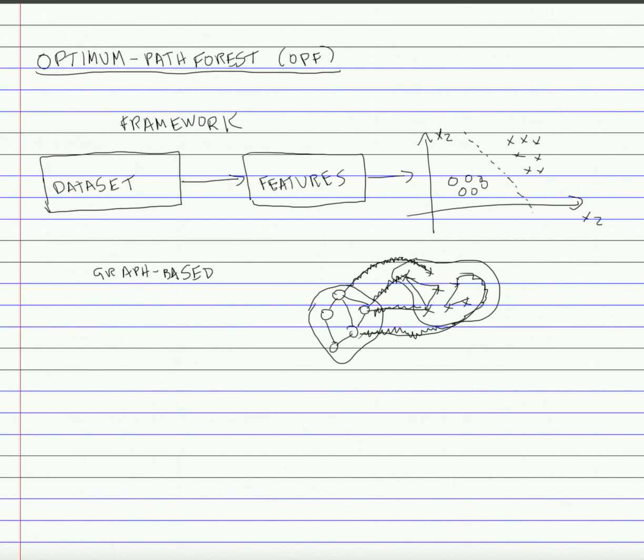So we are going to disconnect the graph in order to build connected components, and each component stands for a cluster, for instance, okay? A group of samples that's supposed to belong to the very same class, right? Okay, so that's the main idea of a graph-based classifier.